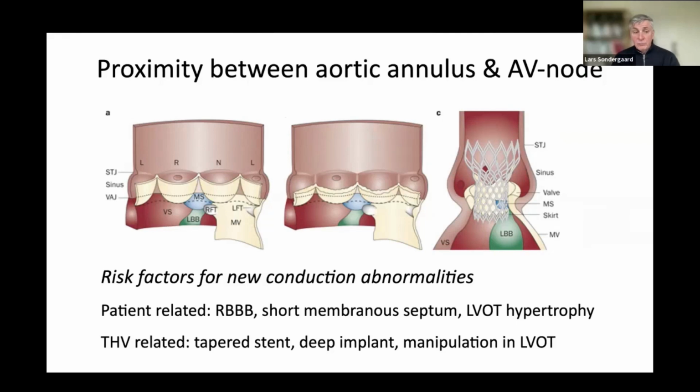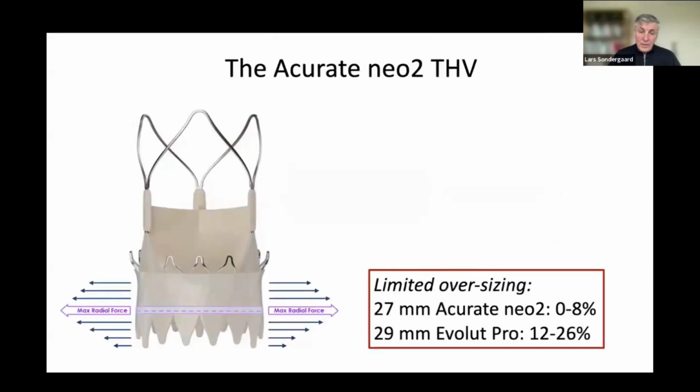But there will also be something related to the platform you choose. Is it a tapered inflow portion of the stent frame? Is the valve implanted deep? Do you have a lot of manipulation in the left ventricular outflow tract? Interaction with the delivery system can also do it. So again, that's probably also why we see such different rates of permanent pacemaker.